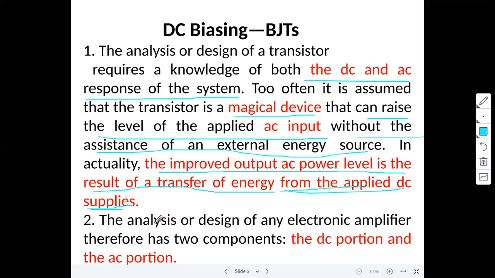Now, second, the analysis or design of any electronic amplifier therefore has two components. One is the DC portion and the second one is the AC portion. Analysis wise or design wise, we must acquire sufficient knowledge about the DC concept as well as the AC concept.